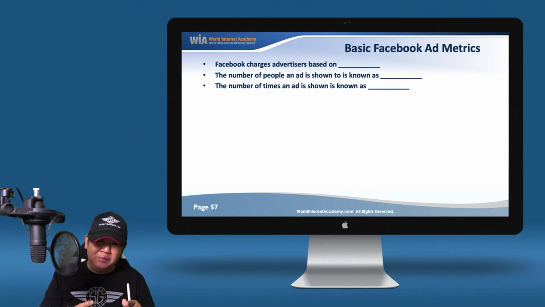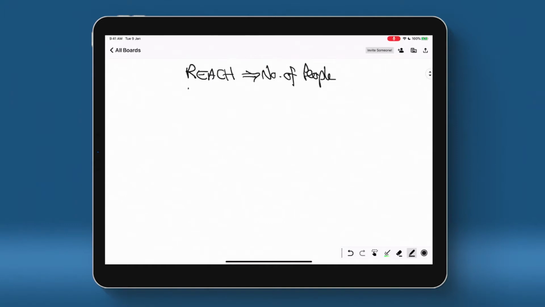Now the number of times an ad is shown is known as impressions. So reach, number of people that sees the ad. Impressions, number of times an ad is shown.